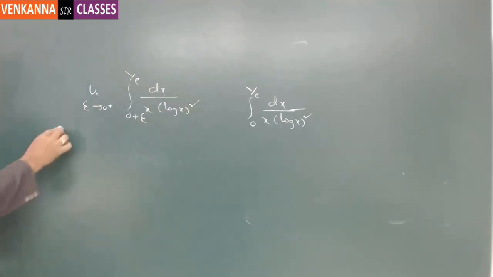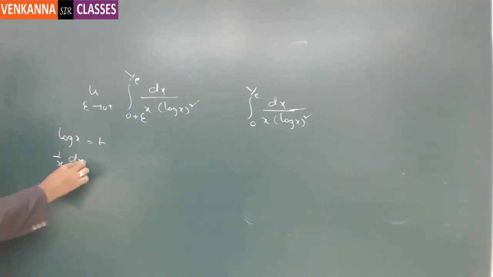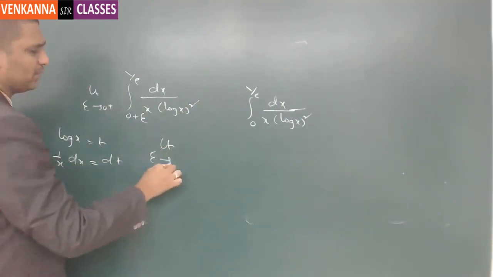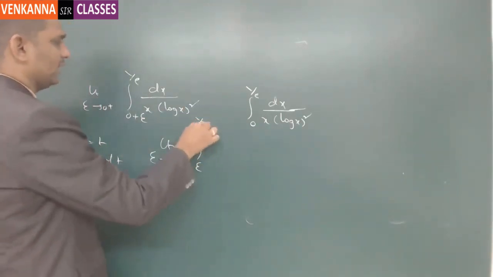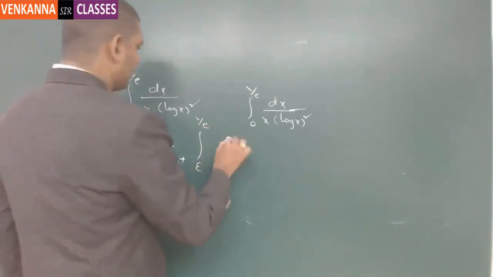So if you take that log x equal to t, then 1 by x dx is equal to dt. So it will come like limit epsilon tends to 0 plus integral epsilon to 1 by e, so t power minus 2 dt.